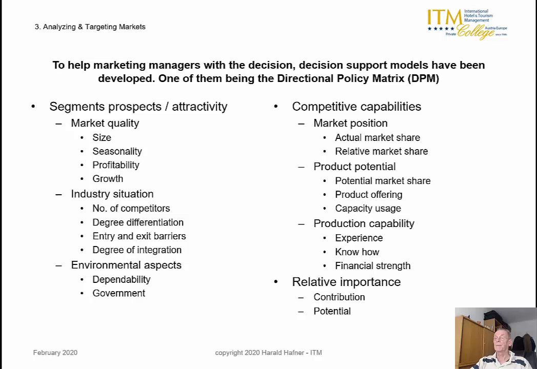Looking at the segment's prospects, we can look at market quality, such as the size of the market, the seasonality, the profitability of a market segment, which is indicated by the price that is achieved, and the growth rate. So this is what we call market quality, and you can pick one or two out of these factors.